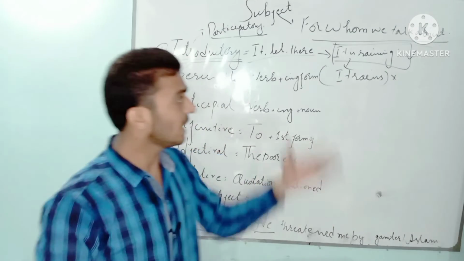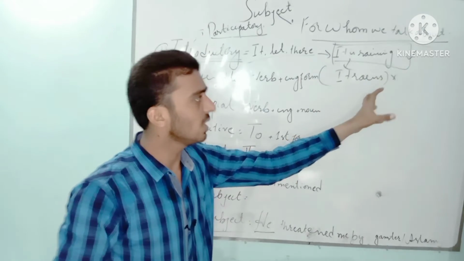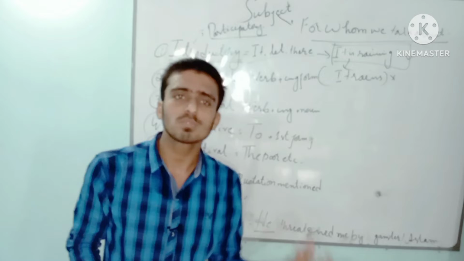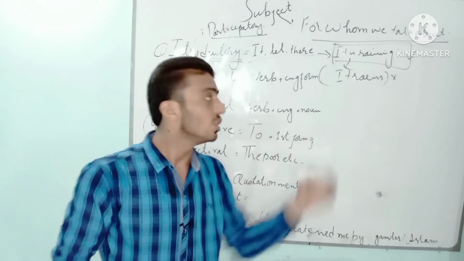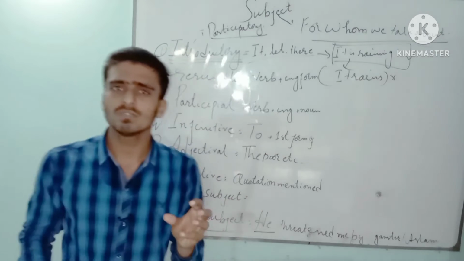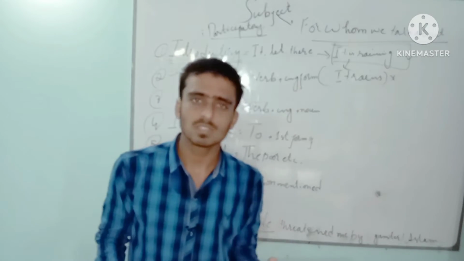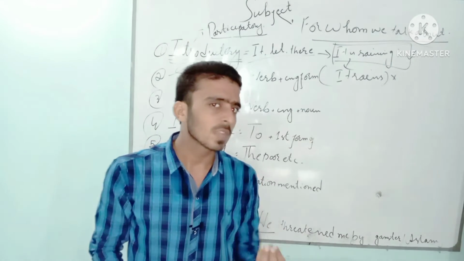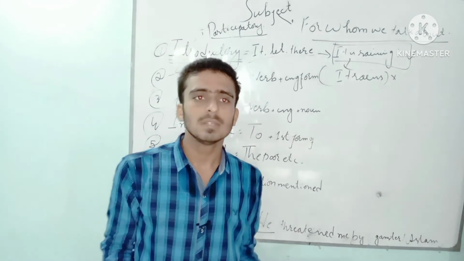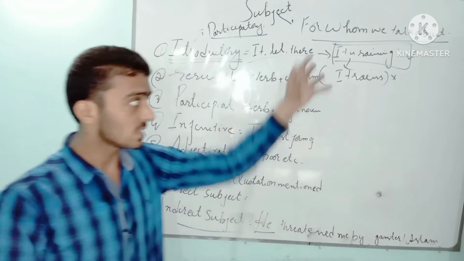So we cannot use these types of actions in the present simple tense. These actions are used in the continuous form, like it is snowing, it is raining. There are situations in which we can use it rains. Suppose I give an example: it rains almost in the summer season, it rains everywhere. These are different situations from this sentence.